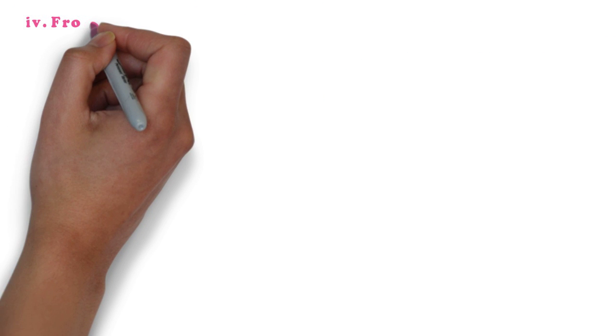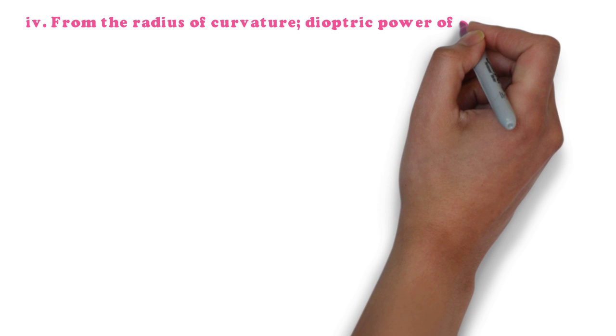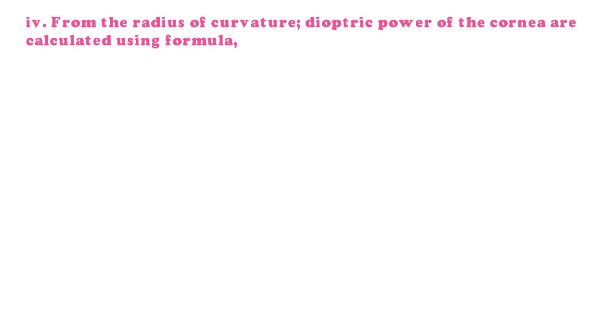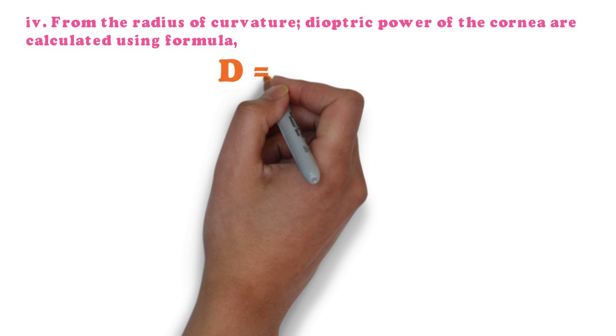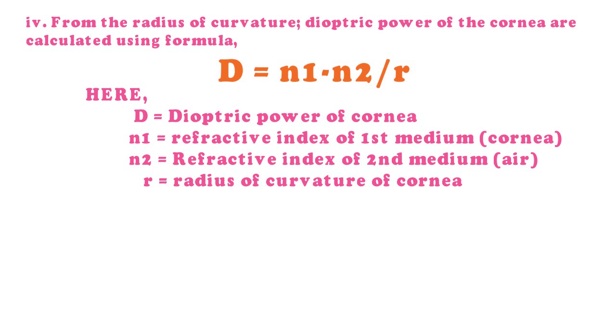Then from the radius of curvature, dioptric power of the cornea is calculated using the formula, that is D equal to N1 minus N2 divided by R. Here D is the dioptric power of cornea, N1 is refractive index of the first medium, that is cornea, N2 is the refractive index of the second medium, that is air, and R is equal to radius of curvature of cornea.